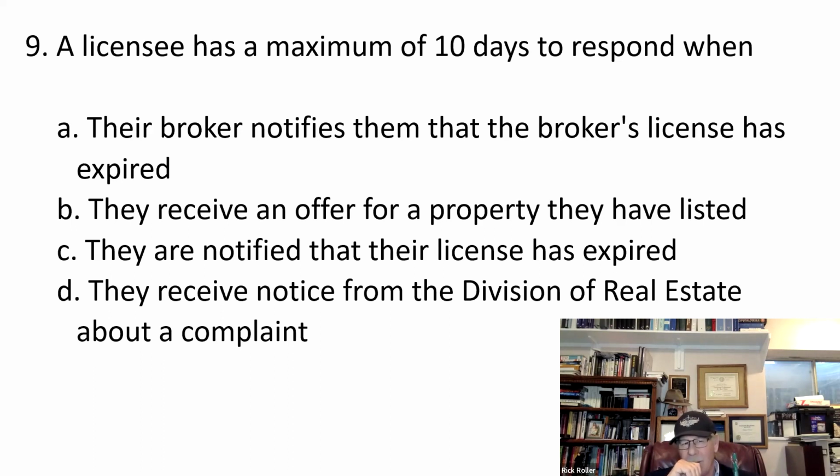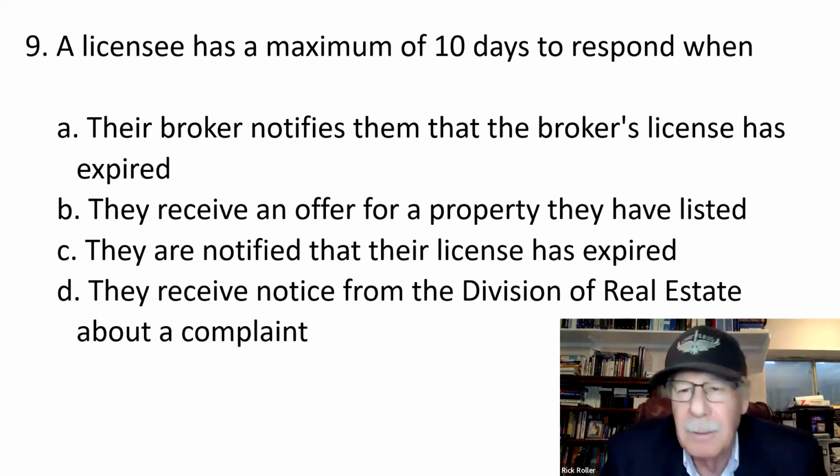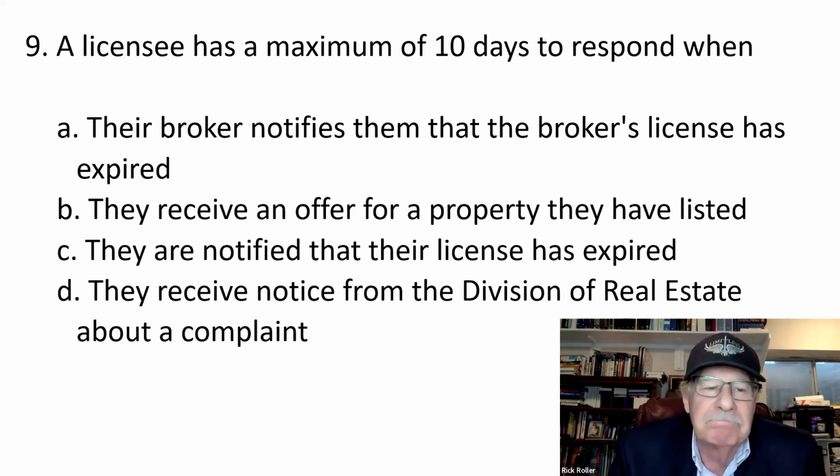A doesn't work. They receive an offer for a property they've listed. There is no response deadline. You can never respond if you wanted to. It's kind of rude, but there is no line or paragraph or section in your offer that says that, if you have to let me know what they said within 5 days or something, unless they put in a custom line.